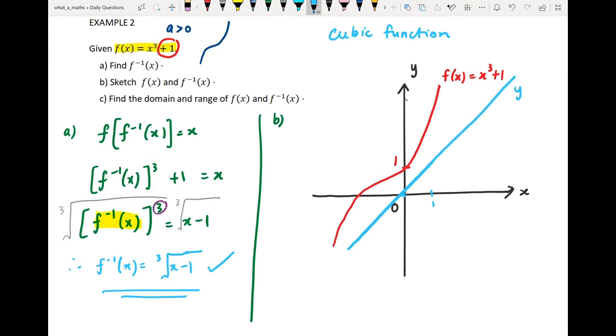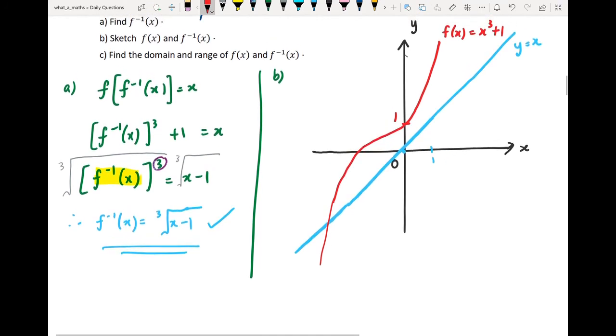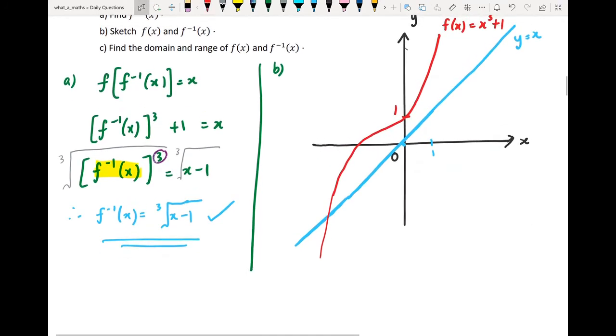Here I have y equals x. Now I can extrapolate my f(x) graph so it will cut y equals x. Notice that my f(x) graph will cut the x-axis, so I have to find the x-intercept.